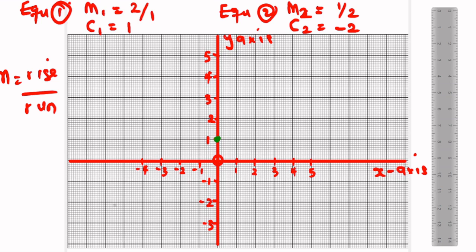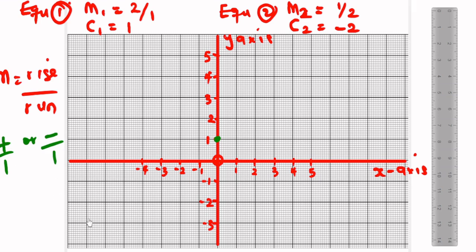I want us to take note of something for the slope. If we have a positive or negative number at the numerator, let me say all over 1, so we are actually working with a fraction. If you have a positive number at the numerator, it means take a step up. But if you have a negative at the numerator, it means take a step backward, one or 2 steps depending on the number you have.